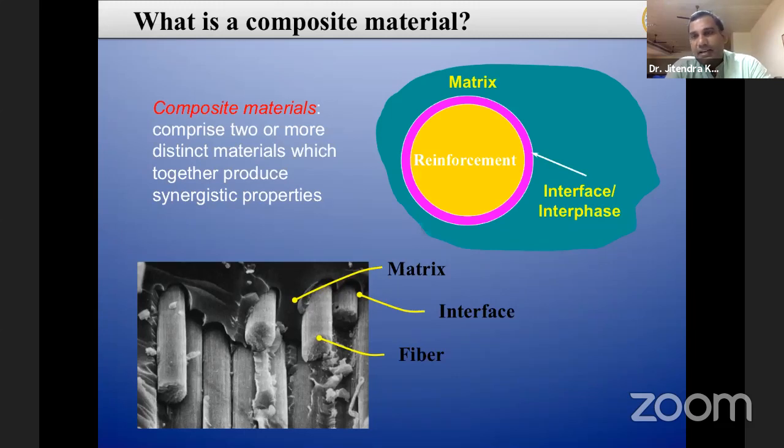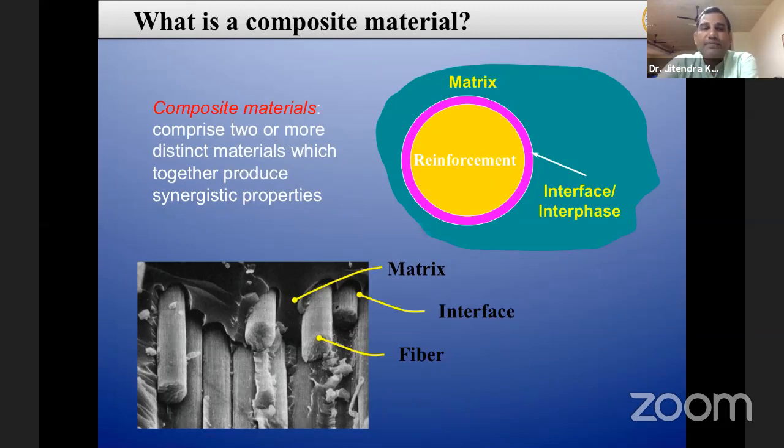Like in metal cutting, we are using CBN tools or some other composite tools also. So we add several elements in the making of the super alloys. That is, in the material case, a metal matrix composite.